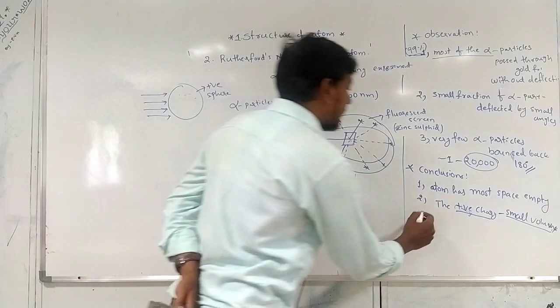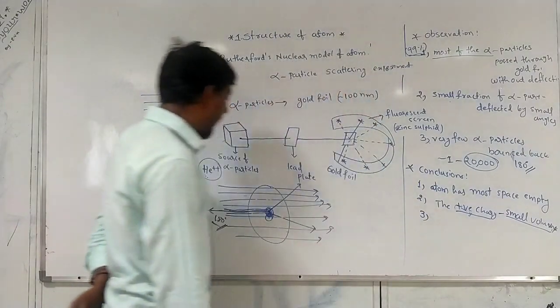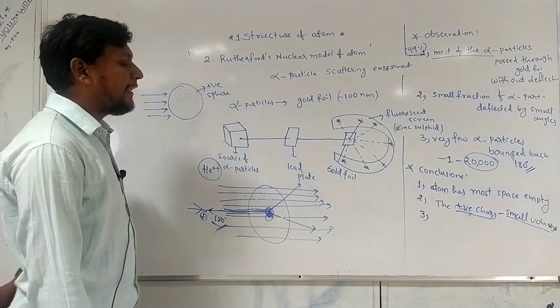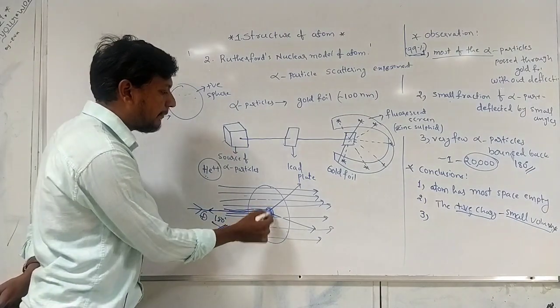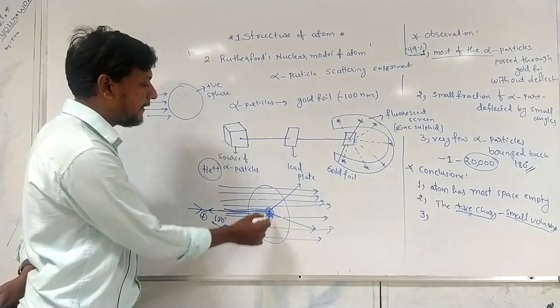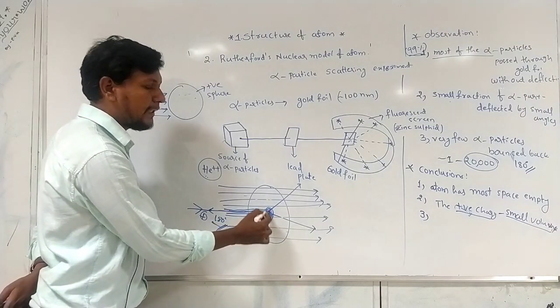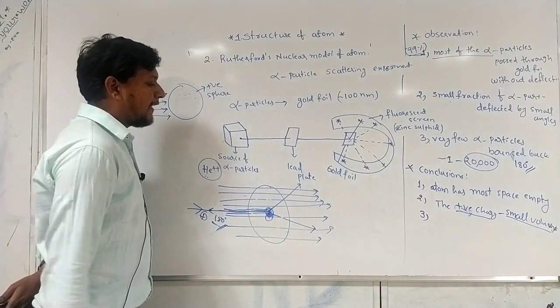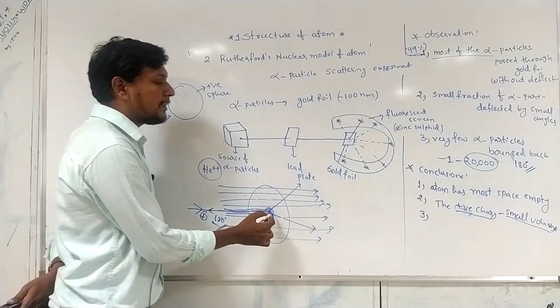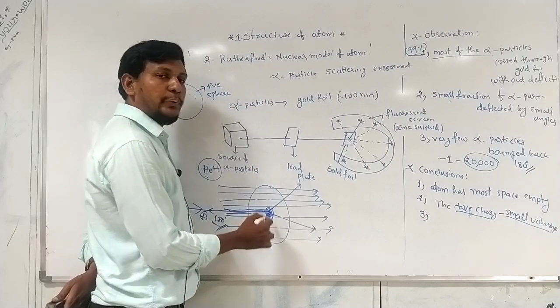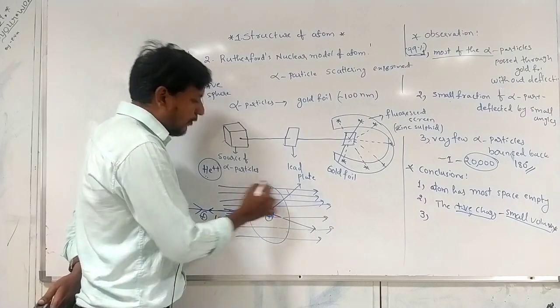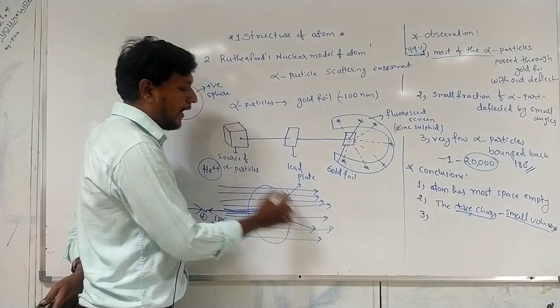Next, the third one: the volume occupied by the nucleus. Here this is considered as the nucleus. The volume occupied by the nucleus is very small or negligible compared to the volume of the atom.